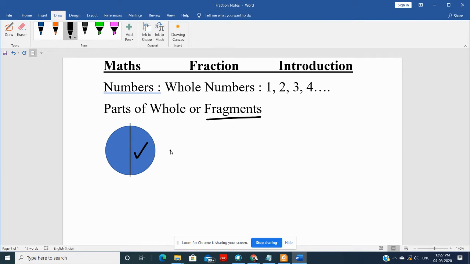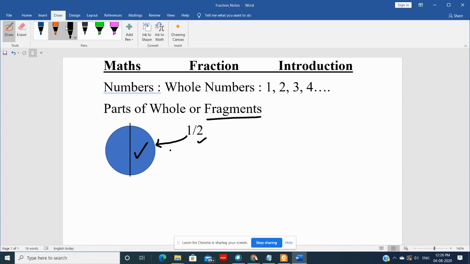Means out of two parts, we are using one part. That is this. How many total parts are there? 2. But how many parts are we using? Only one part.